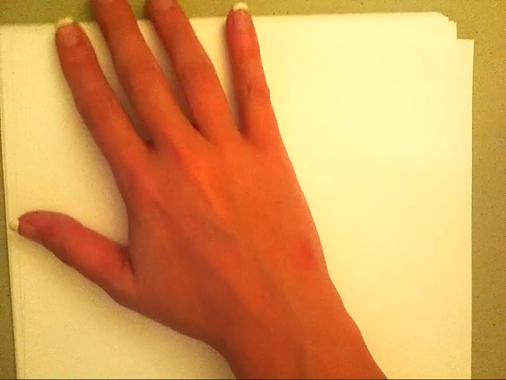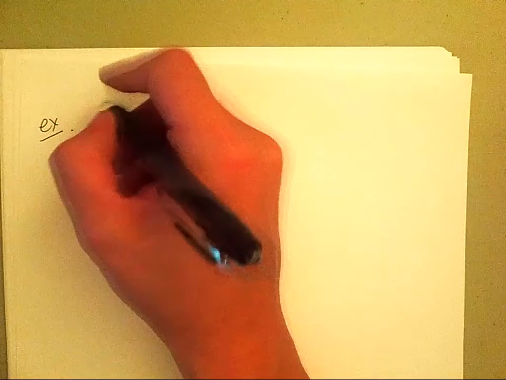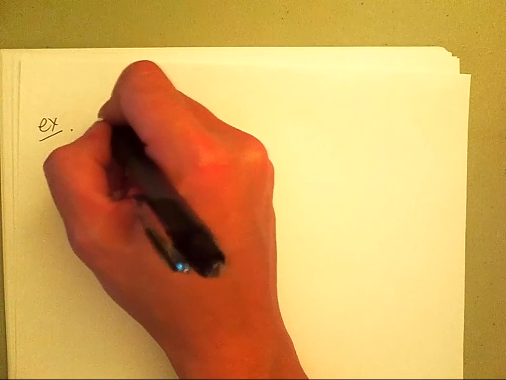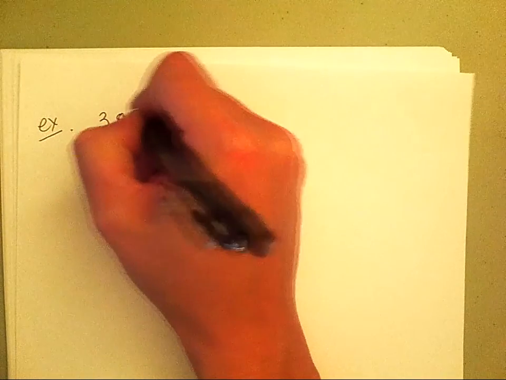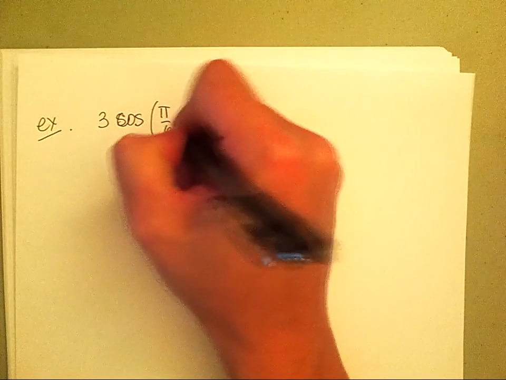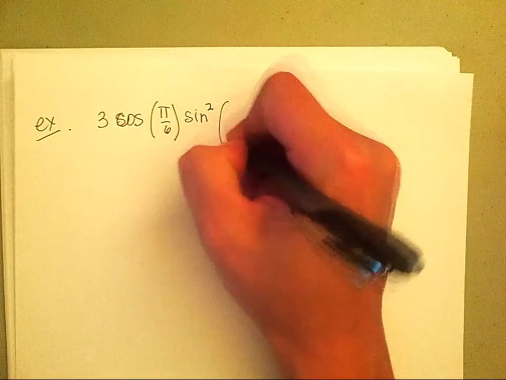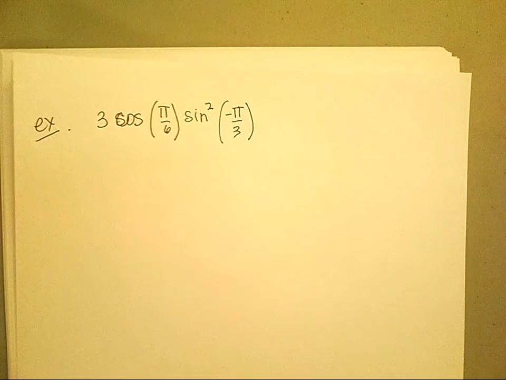Let's do one more problem. Let's say we had 3 times the cosine of pi over 6 times sine squared of negative pi over 3.